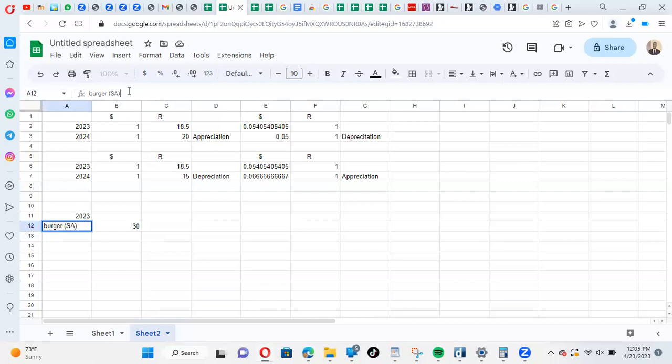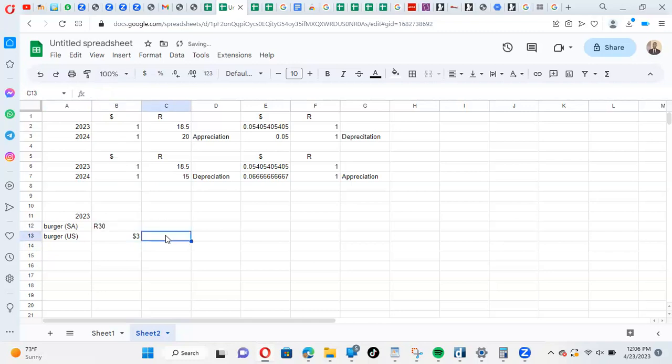Right, so we are going to juxtapose this with the US. Suppose a burger in the US is $3. So if this is 2023, at that given rate, how much would that burger be at our given rate?